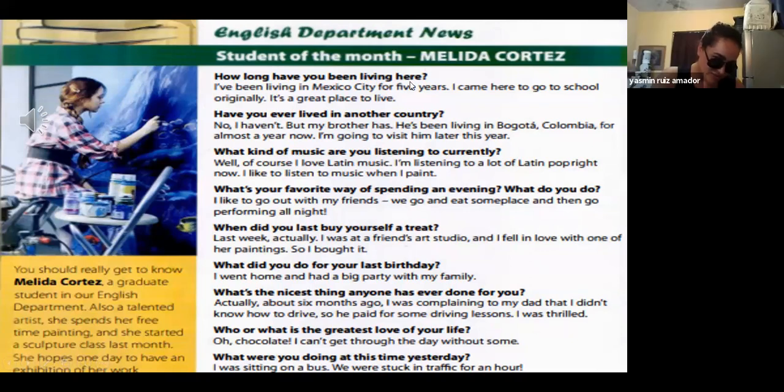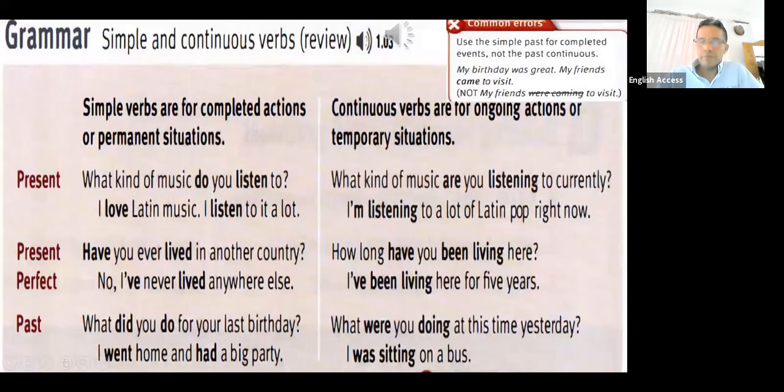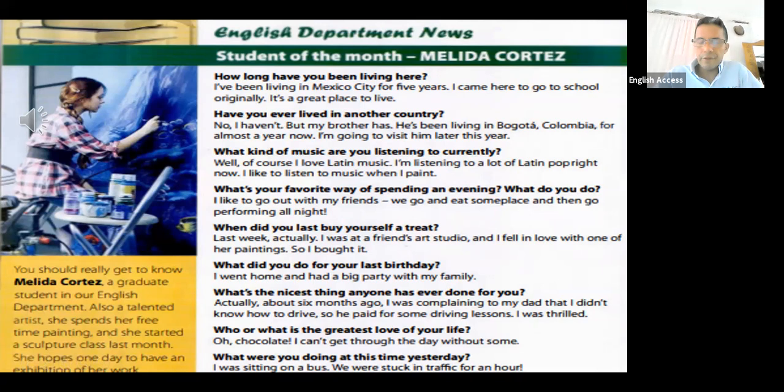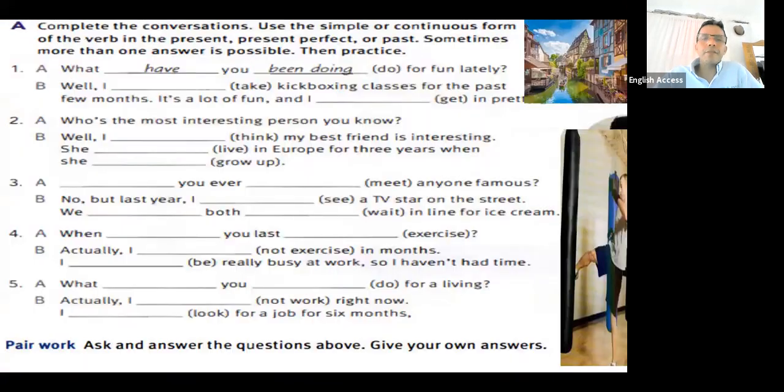Okay, thank you, teacher. Just pay attention. This is just a speaking practice, but you need to pay attention to your pronunciation and how you organize the sentences. That's the most important.